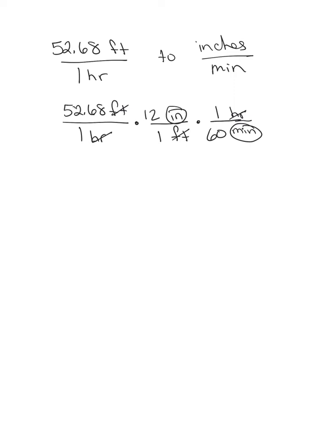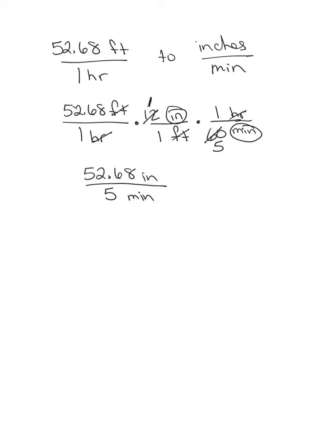And so when you do this, let's simplify a little bit. We've got 1 inch for 5 minutes, right? Because 12 to 60 reduces to 1 to 5. So that means we'd have 52.68 inches as we multiply across the top. And when we multiply across the bottom, we'd have per 5 minutes.